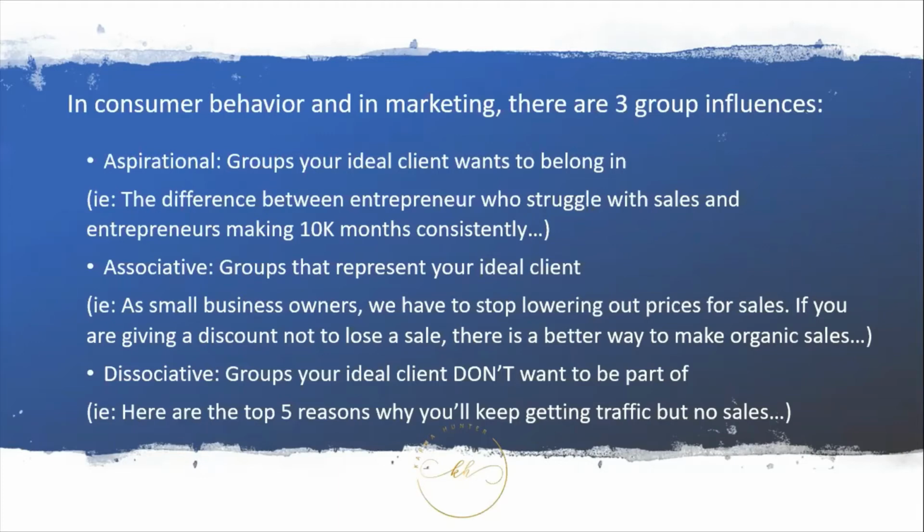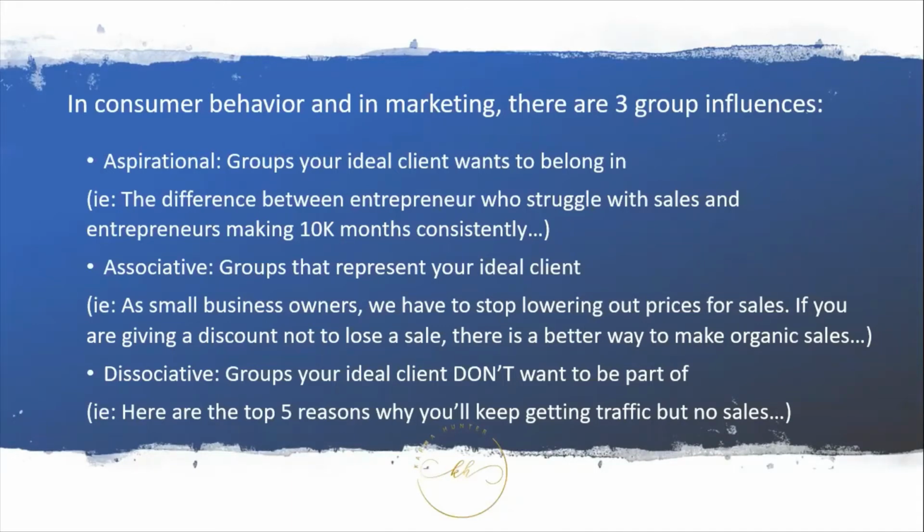So if you're an entrepreneur, obviously the aspirational group would be the successful entrepreneurs that are making 7 figures, right? Or 8, 9, 10 figures. The next group is the associative group, and this group represents your ideal client. This group is your target audience. This group is the audience that they associate with. This group is the group that you always relate with. And of course, aspirational you relate with as well.